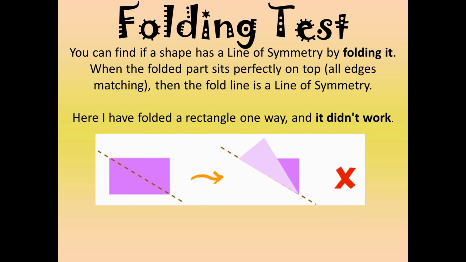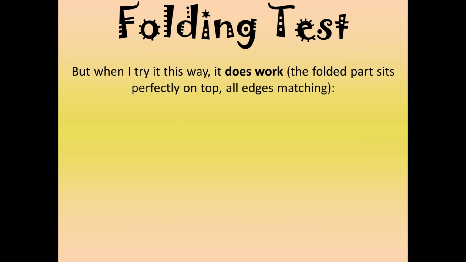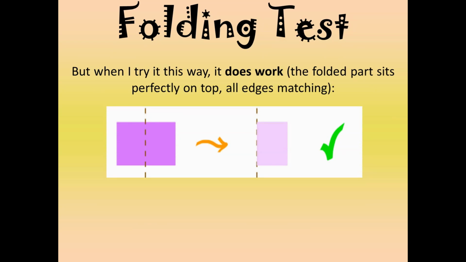But when you do that, you end up with this shape here, and it's not sitting perfectly on top. The edges aren't matching, so we can't really call this a line of symmetry. However, from your making of paper aeroplanes, you'll know that if you fold across a rectangle like this, you do end up with a line of symmetry.